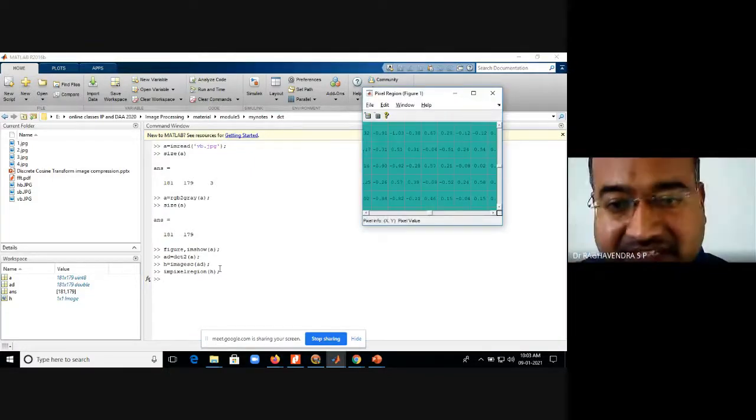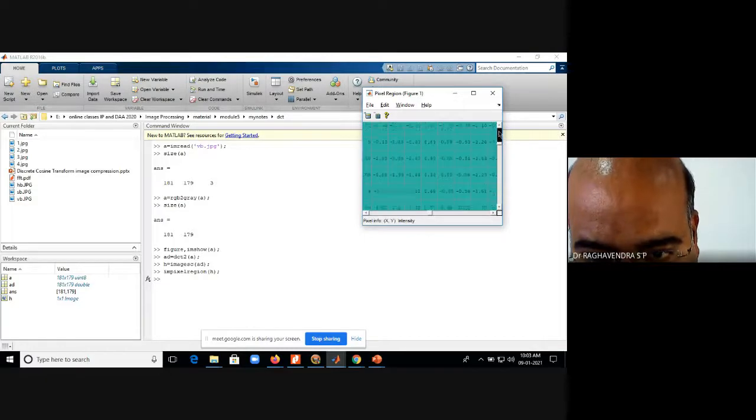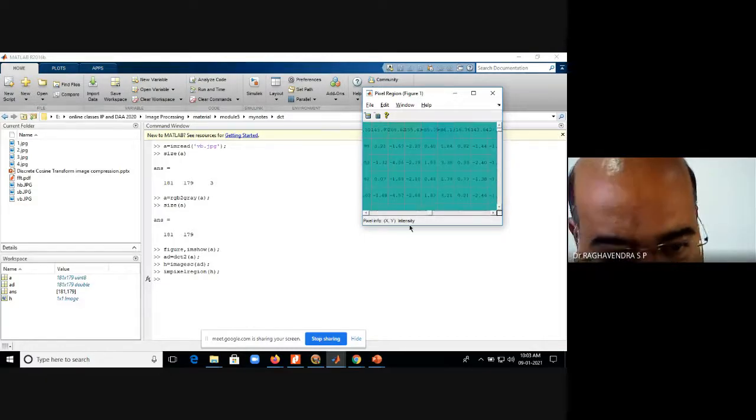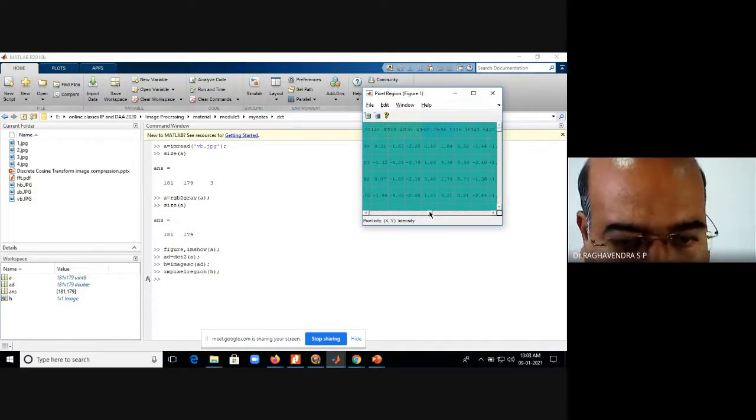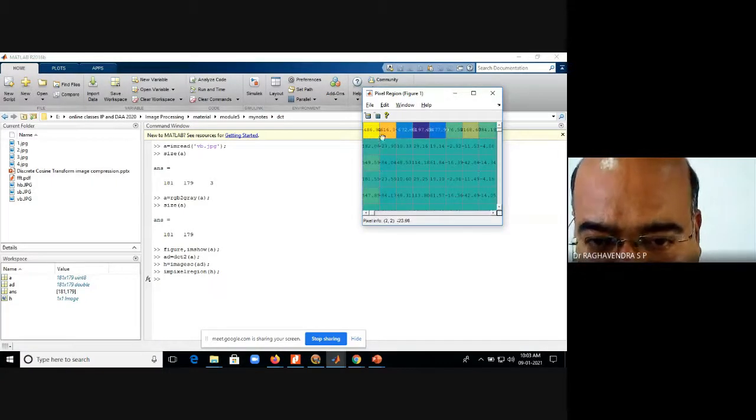Now you can see the window here. In this image we have various intensity values or frequency components displayed. If you go to the top, because it is a vertical bar, the vertical bar will contain horizontal components. Here only the horizontal components you can notice.